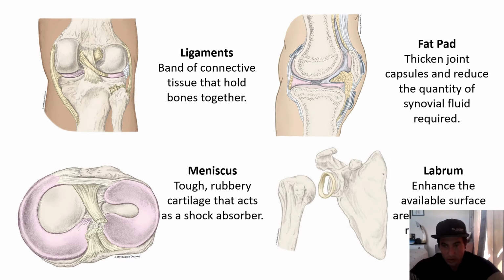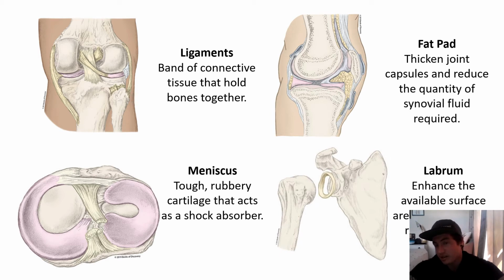Some other structures within some synovial joints: we've got our ligaments, which provide stability around the joint and connect bone to bone. We've got fat pads, which help thicken joint capsules and reduce the quantity of synovial fluid needed. So they're sort of like space fillers. Meniscus, in the picture on the bottom left where we're looking down on a knee, is a tough, rubbery cartilage that provides some shock absorption.